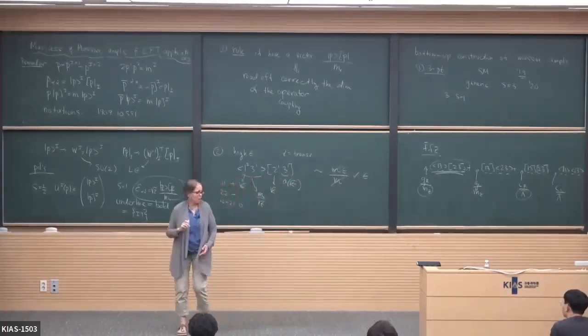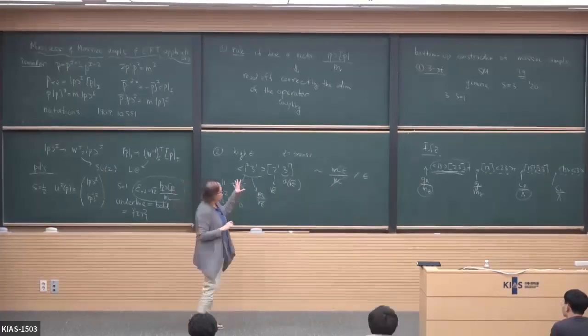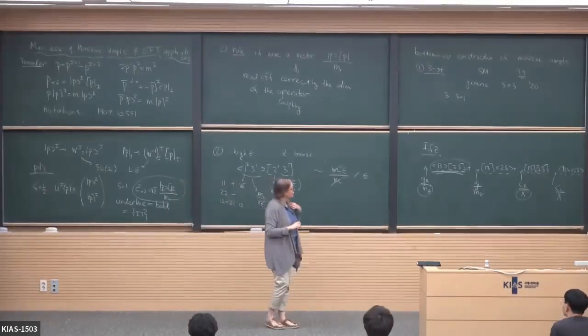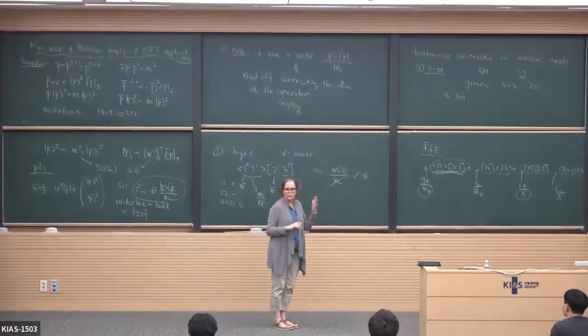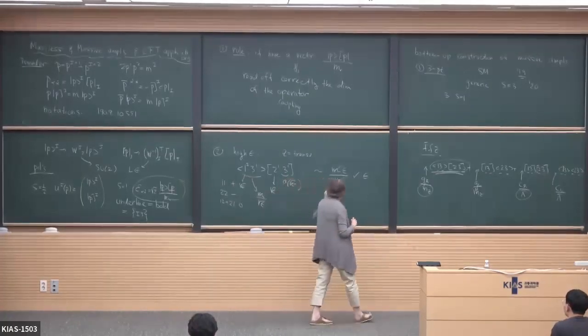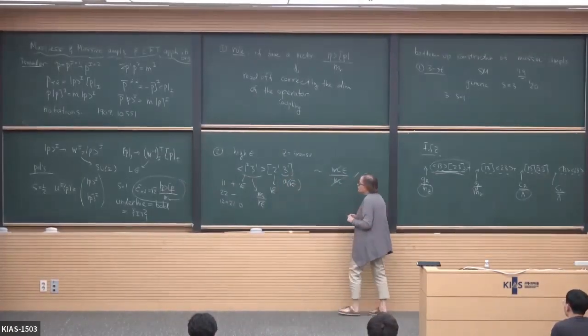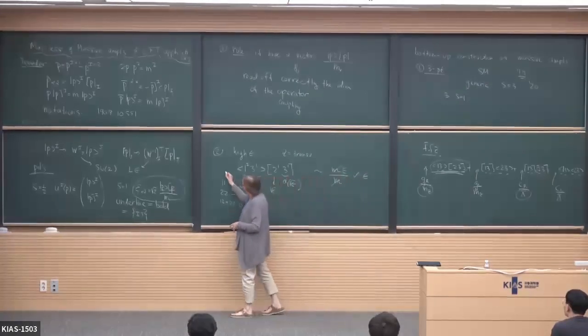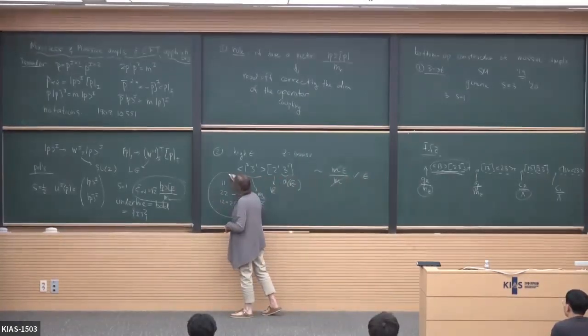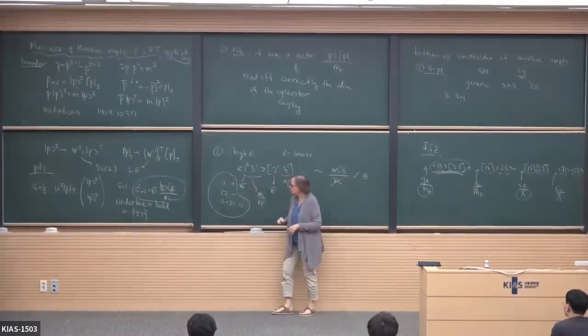Okay, so this is maybe a little fast because you're not used to all these different indices, but if you go over this slowly, you'll see that it's very easy. All I need to remember is what the different polarizations correspond to.